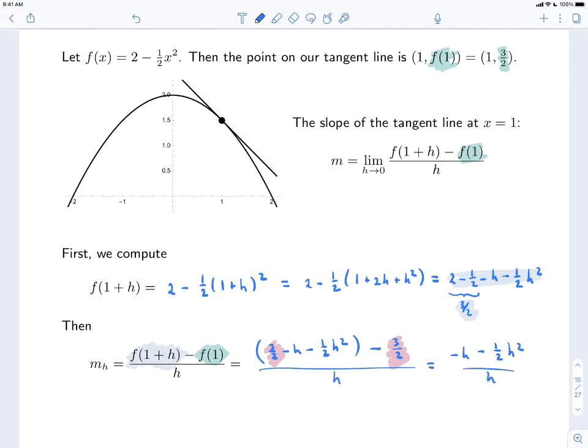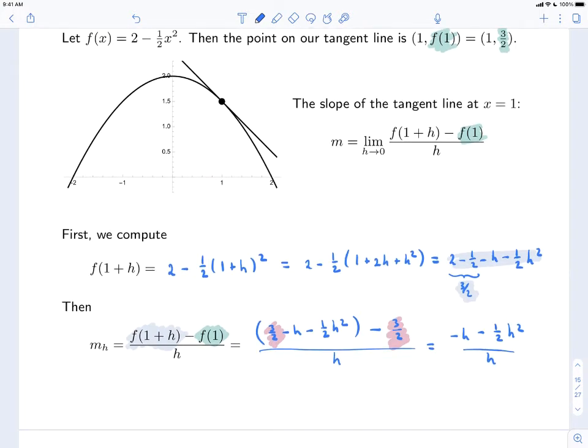Now everything here has an h in it. So we can say that m sub h is equal to, we can factor out an h, h times minus 1 minus 1/2 h, and all of this is divided by h. Let me just fix this h, it looked a little bit more like a k. That's supposed to be an h.